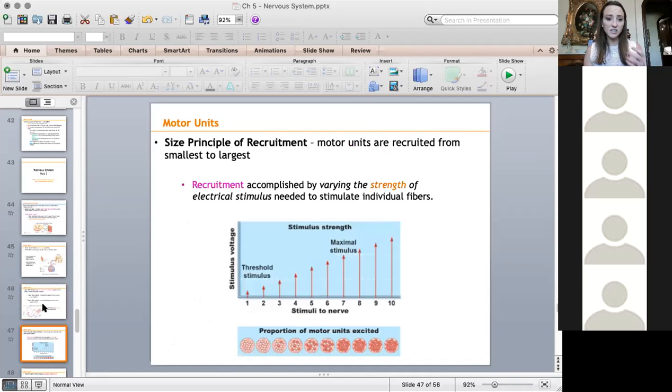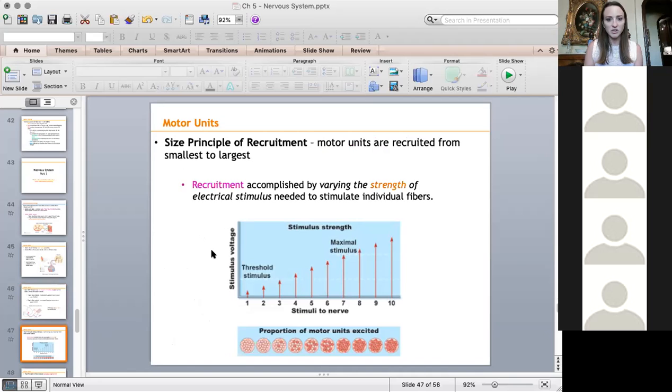Next, we're getting into the size principle of recruitment, which you did write about on your assignment, so you should know about this. It has to do with the effort, like we said, how much stimuli is present in order to activate certain fibers. So we see here recruitment of motor units is accomplished by varying the strength of the electrical stimulus.